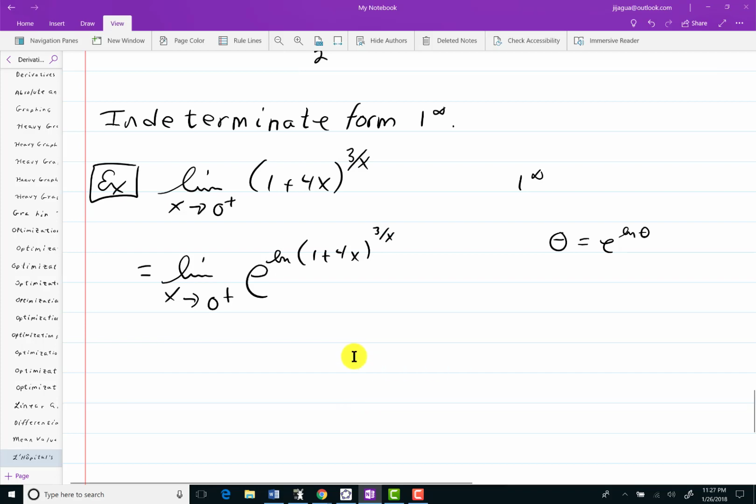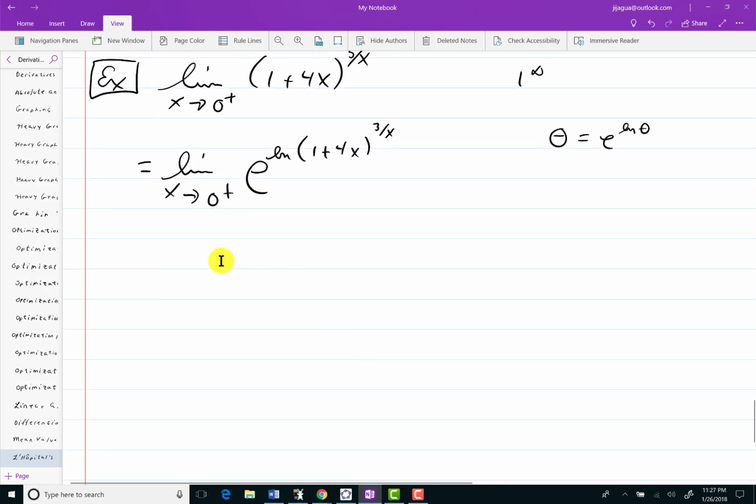Now, there's complications in what we're doing right here. You have a limit on the outside of all this, but I've rewritten just this portion of it. What do we do about that? Well, you've got to remember that e to the x is a continuous function.